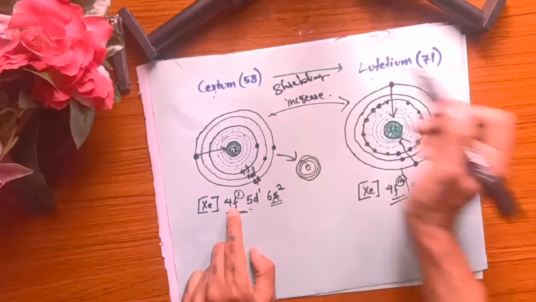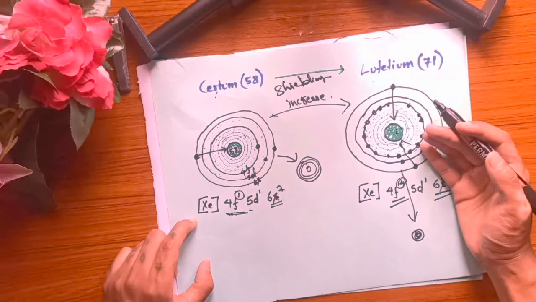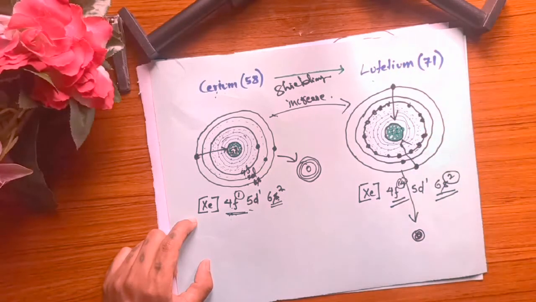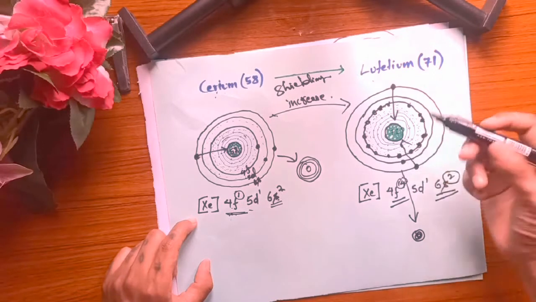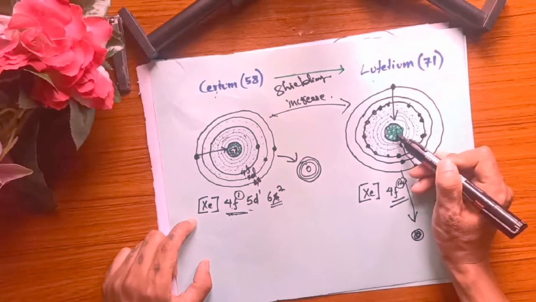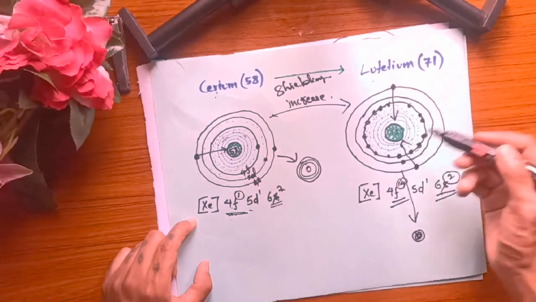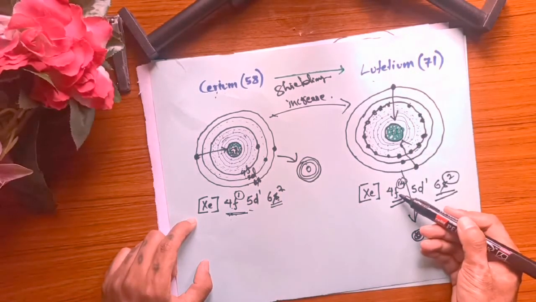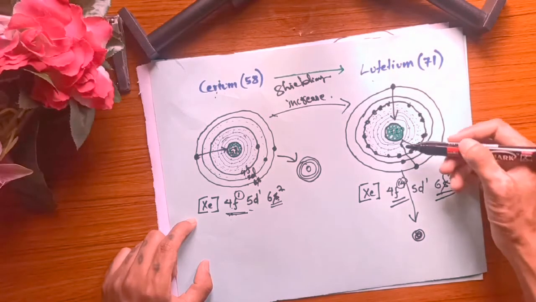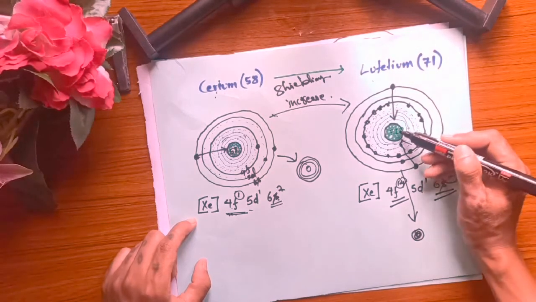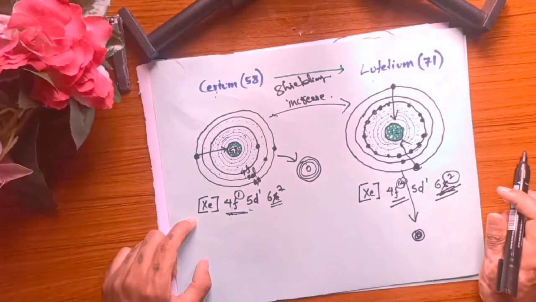This is important to note, since if there is more shielding effect, you might think that the size will not be contracted. But the fact that there are here in this case 71 protons, which is a lot more than 58, and due to the fact that the f orbitals are very far away from the nucleus, without any hindrance, the 71 protons pull the 2 electrons in the 6s orbital very easily.